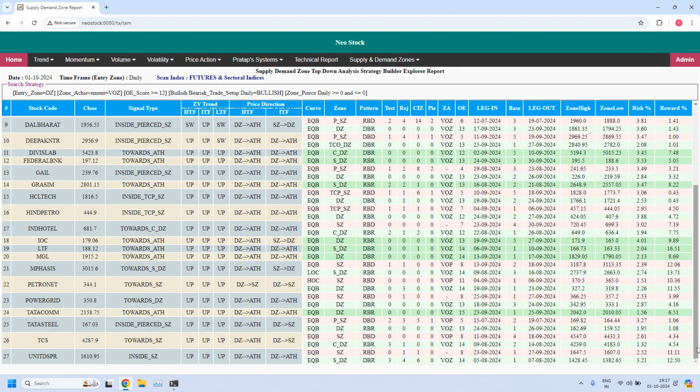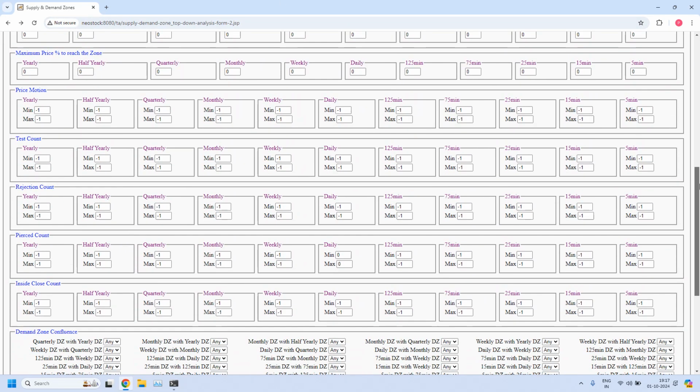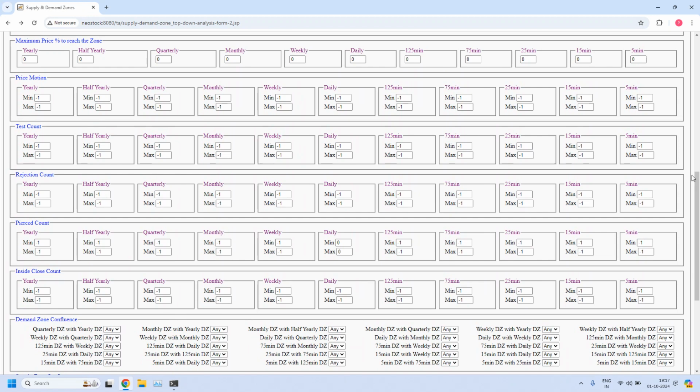If these daily zones are having confluence with weekly zone, it's a high probability setup. So I'm going back and going to the demand zone confluence. In the demand zone confluence, I'm going to enable the filter daily demand zone with weekly demand zone confluence filter.